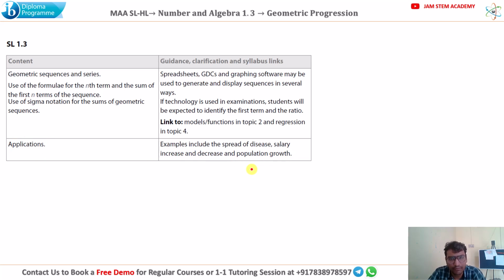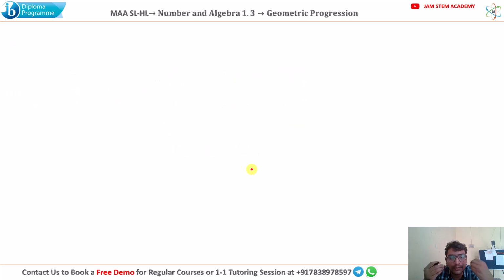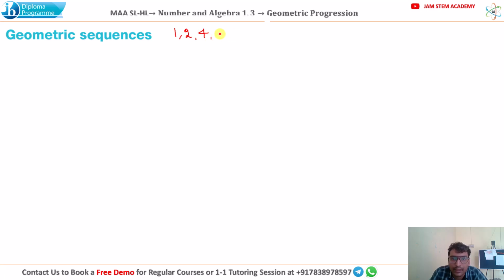Okay, so let's get started with the meaning of geometric progression. As you are already familiar, geometric sequences are those sequences in which we have to multiply by a fixed number to get the next term, right? For example, 1, 2, 4, 8, 16. What are you doing? You are simply multiplying by 2 to get the next term.